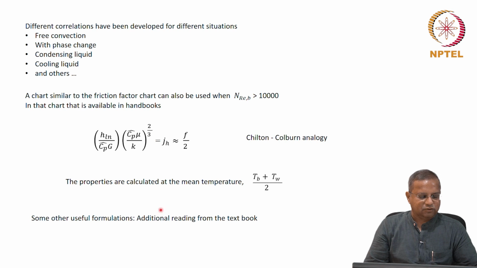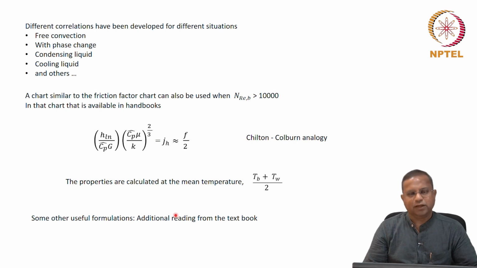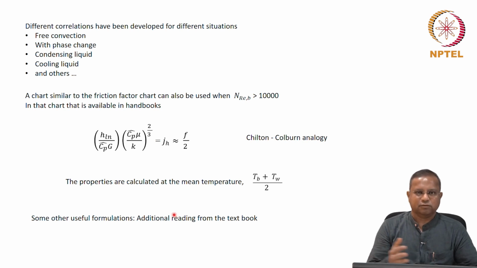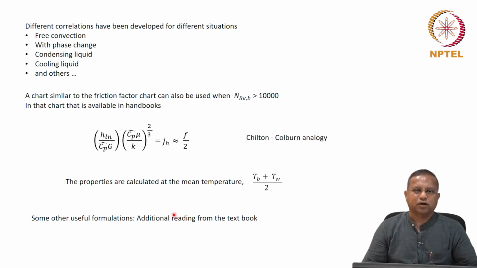And there are other useful formulations. You can read your textbook for some formulations. You can read other books on heat transfer, mass transfer for many other formulations. The heat transfer, mass transfer books are filled with correlations of different kinds for different situations. I think that's all I have now for you.